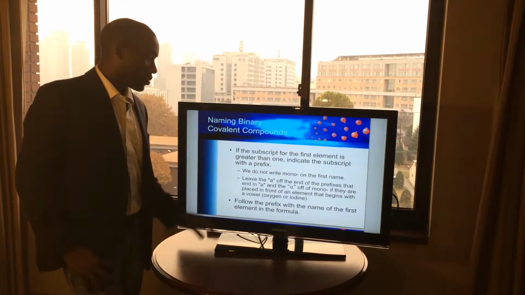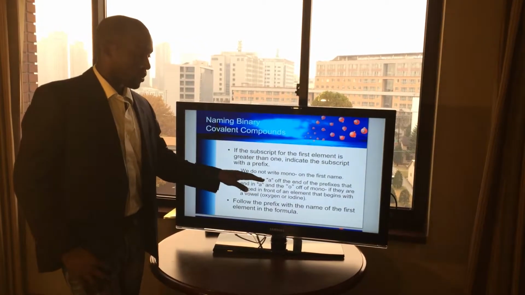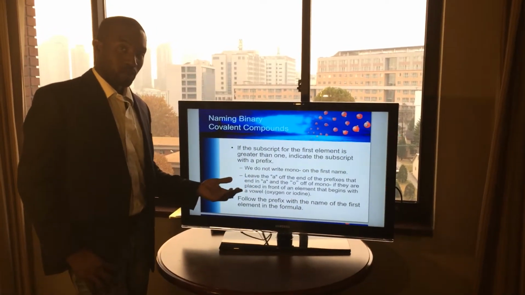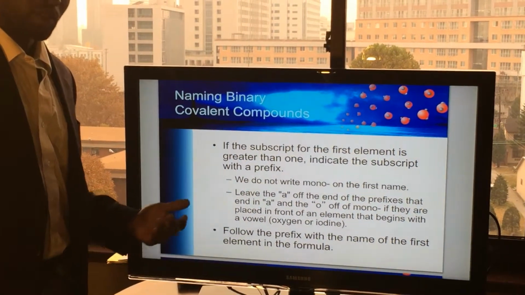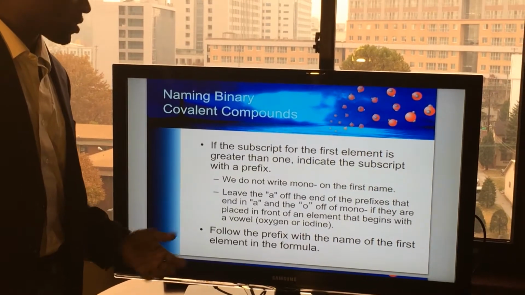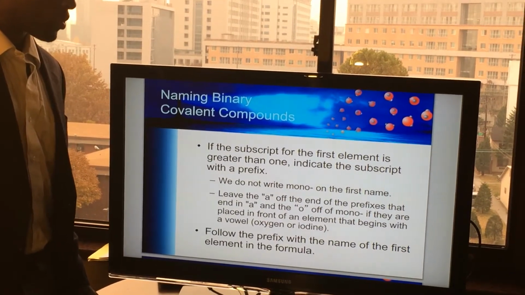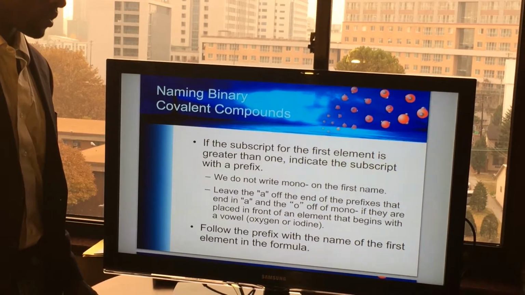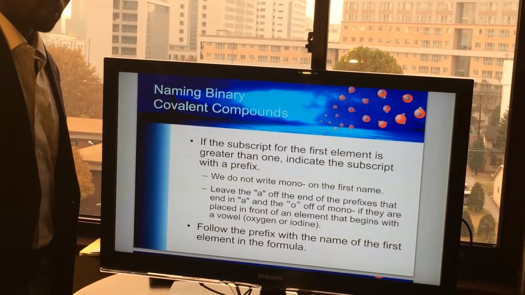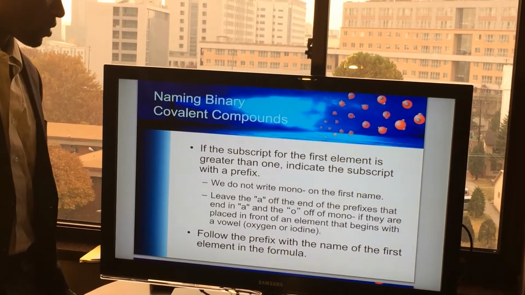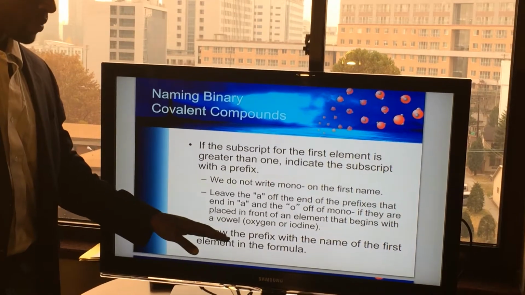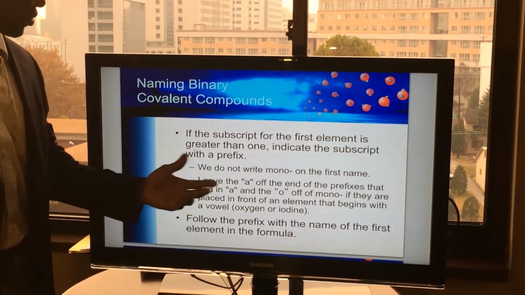And you do not need to write mono on the first name if it's only one. You just need a prefix to identify the quantity of each. If the subscript for the first element is greater than 1, indicate the subscript with a prefix. Follow the prefix with the name of the first element in the formula.